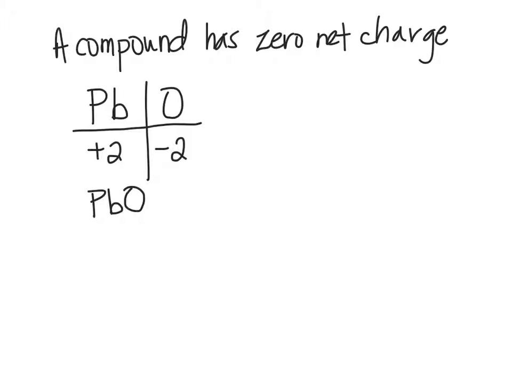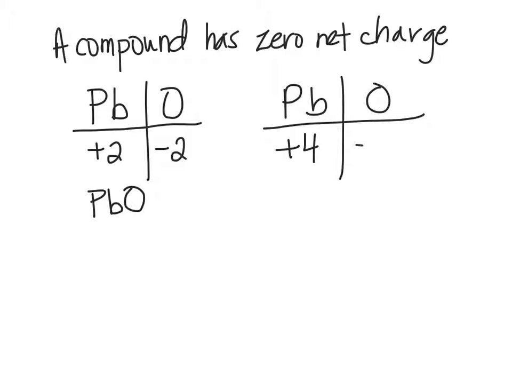If we do lead 4 oxide, we separate the positive and the negative. This is +4. This is -2. The +4 and the -2 are not equal. If you add them together, you do not get 0. To get 0, if we multiply -2 by 2, we end up with a -4 charge.